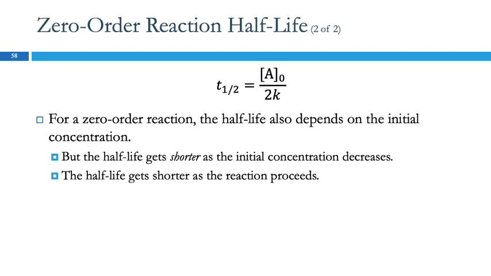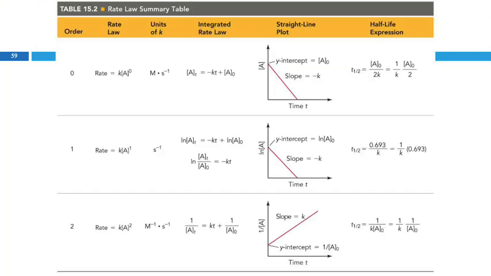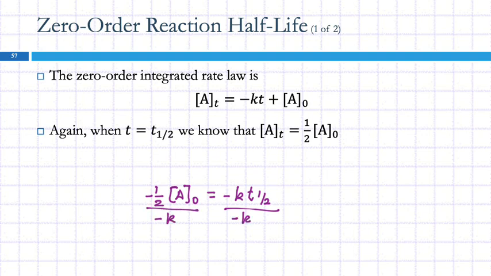I lost my writing. Okay, we had negative 1/2 A0 equal to negative K T1/2. And I divided both sides by negative K, and somehow I lost the A0 in that process. A0 over 2K is equal to T1/2. There we go.